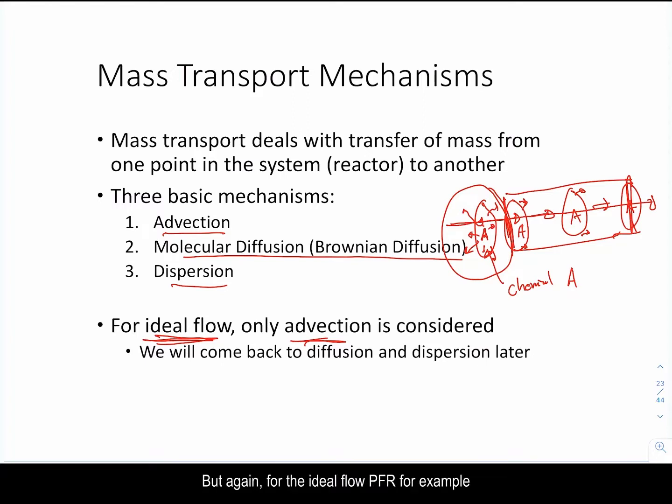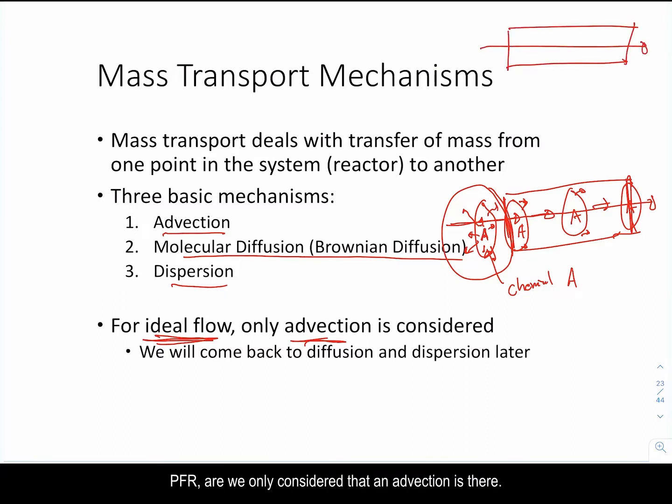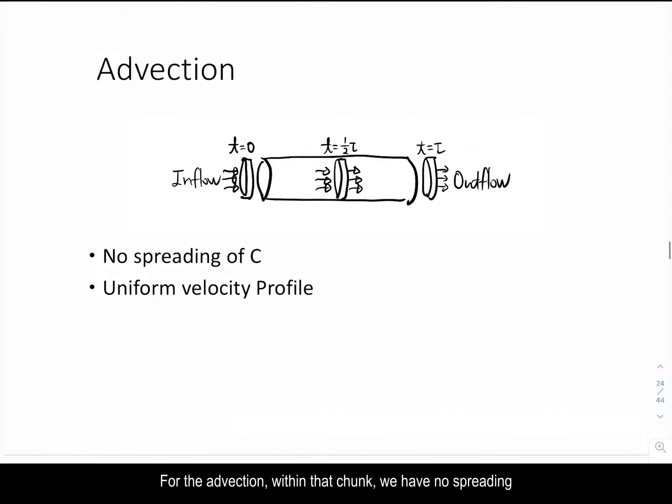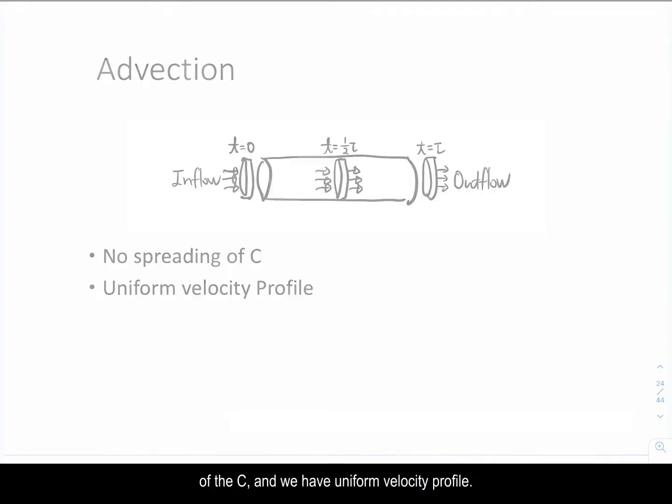But again, for the ideal flow, for example the PFR, we only consider that advection is there, okay? And we will come back to diffusion and dispersion later, but for now, just advection, okay? So again, for advection, within that chunk, we have no spreading of the concentration C, and we have a uniform velocity profile.